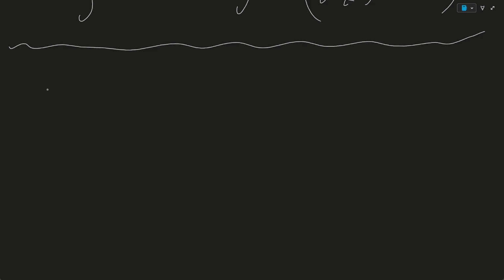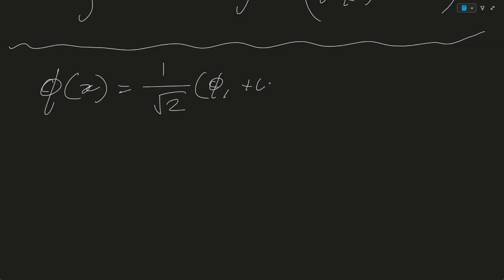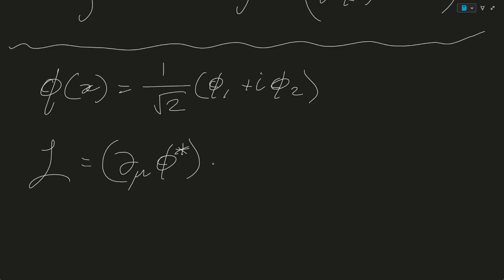I'm going to define a scalar field. It's going to be 1 over root 2 times phi 1 plus i phi 2. And this is governed by the Lagrangian, which is the mu derivative of our scalar field times the derivative with respect to mu of our conjugate scalar field, minus m squared phi star phi.